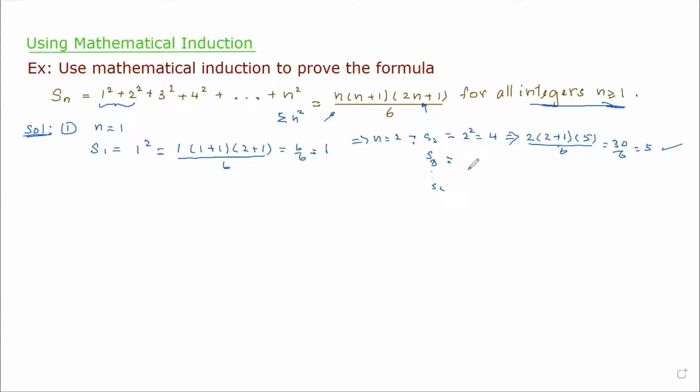You remember last term you learned, I gave you the sigma formulas. Sigma n equals n(n plus 1) over 2, and sigma n square equals n(n plus 1)(2n plus 1) over 6.